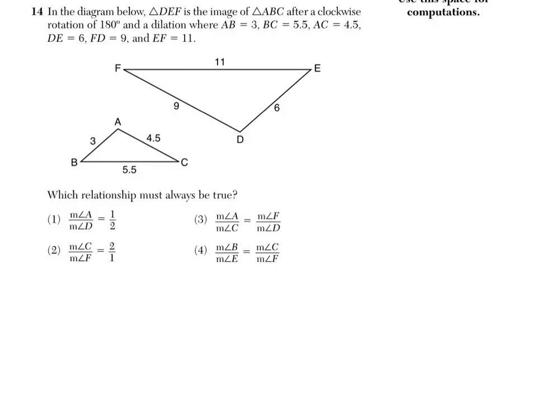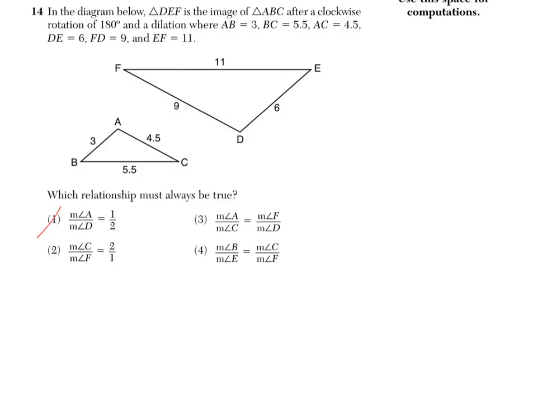Which relationship must always be true? The measure of angle A over the measure of angle D is equal to 1/2. Well, we don't even know what the angle measures are to even say whether or not they have a ratio of 1/2. So in this particular case, we can't say that.